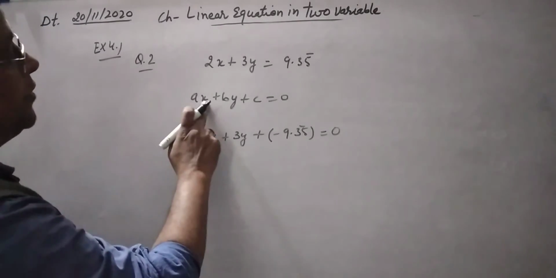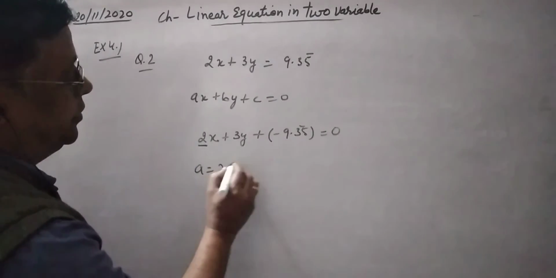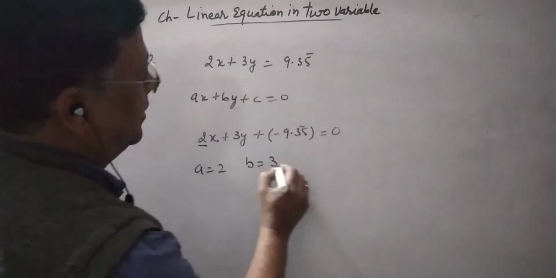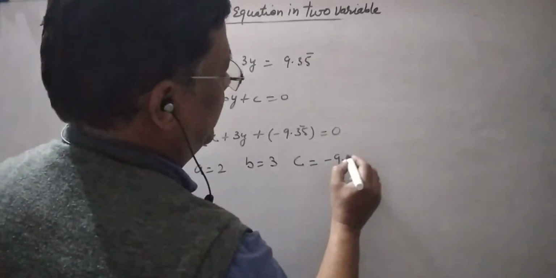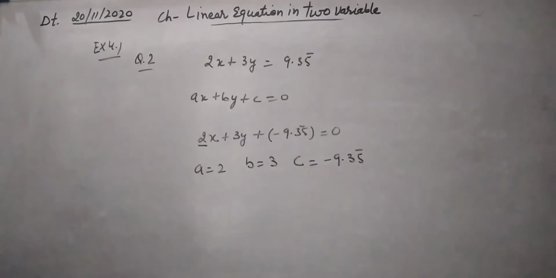The a is the coefficient of x, so here the coefficient of x is 2. So a is 2. Likewise b is 3 and c is minus 9.35. This way we can express it in that form.